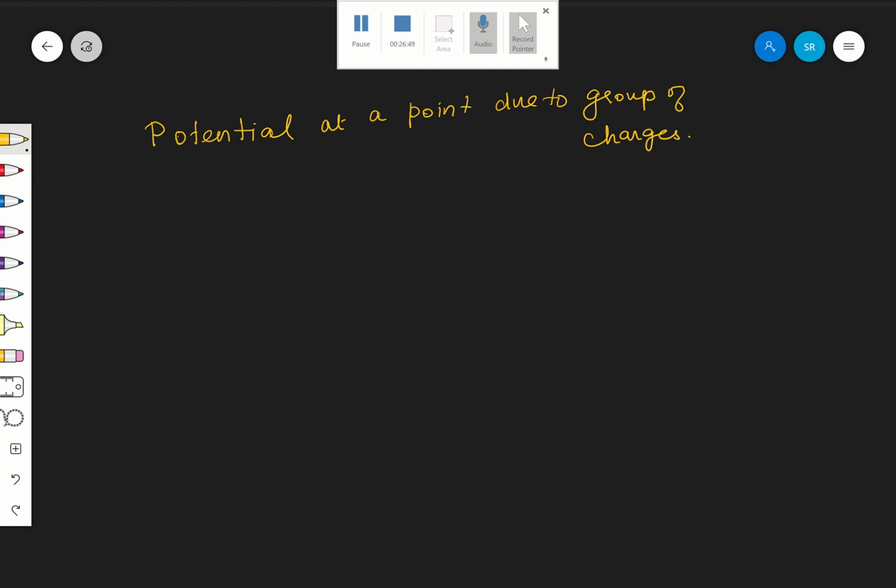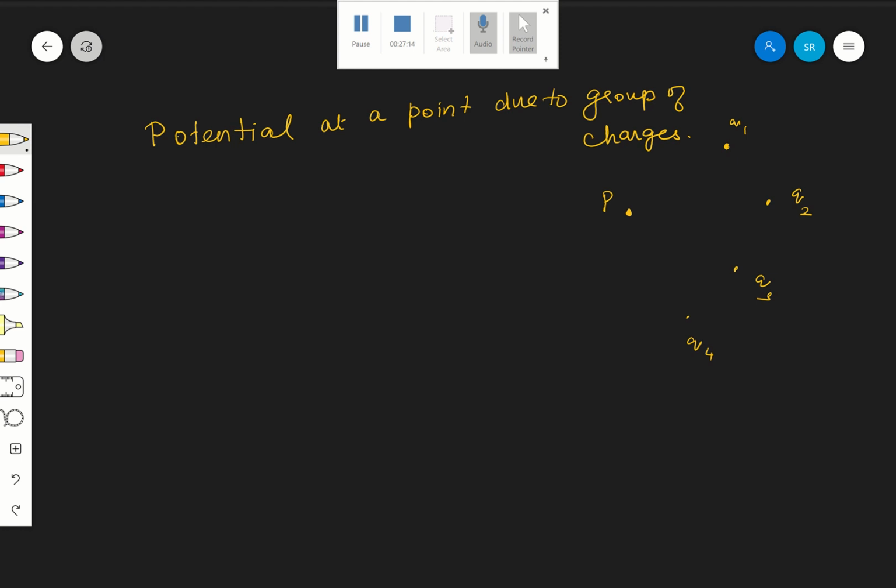Very simple. Now apply your superposition principle. That's all. Because V is a scalar, the direction is immaterial, therefore it is very easy. There are so many charges, Q1, Q2, Q3, Q4, Qn number of charges, for example.